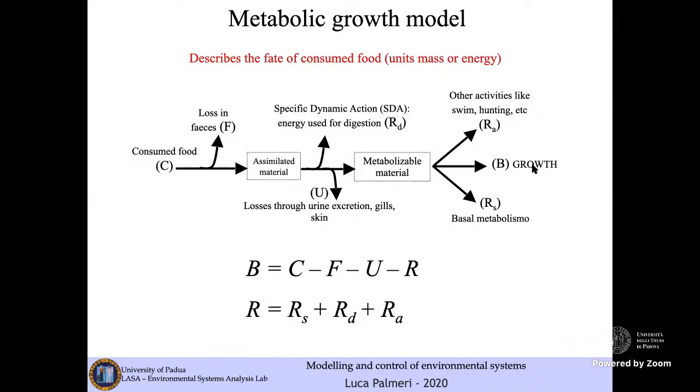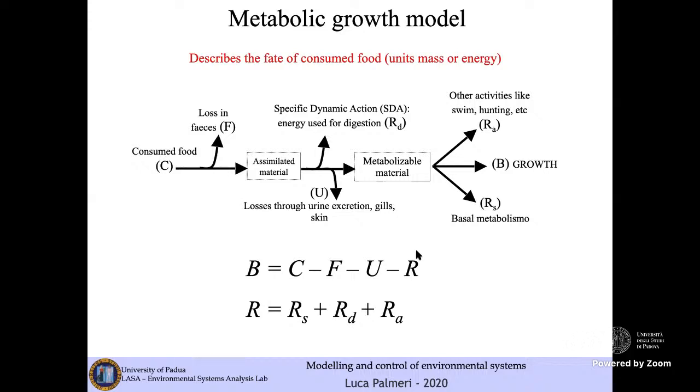growth. Again, we have a continuity equation, so we may write an energetic balance by, for example, writing that anabolism, or the growth in biomass of the organism, is equal to what goes in, consumed food, minus what goes out in various forms, like, for example, feces, or urines, or what is called respiration.